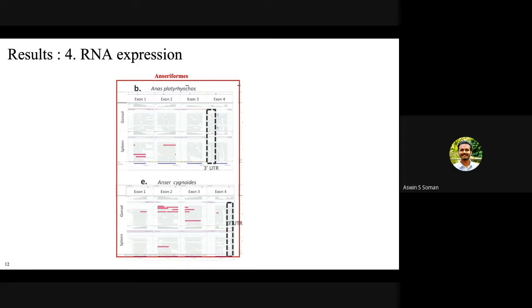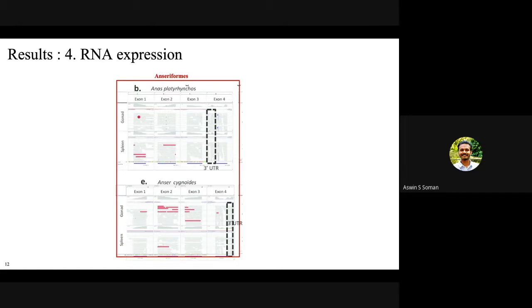Now, if you look at this box, the columns represent exons, and the rows represent the tissues. And these gray lines represent an expressed RNA molecule.